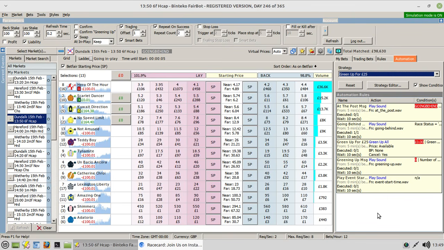Okay, we should be off shortly. You'll see I've placed a Dutch with essentially an insurance bet on Scarlet Dancer, and £164 win if the race was to run through to its conclusion. However, I've again set up a strategy to green up for a £25 profit.